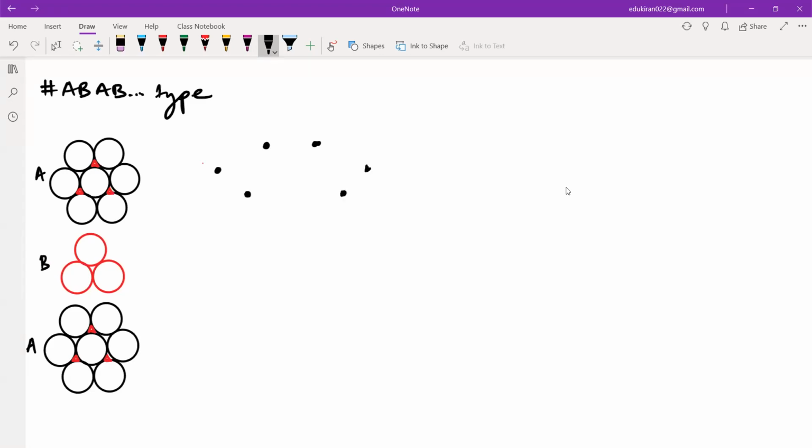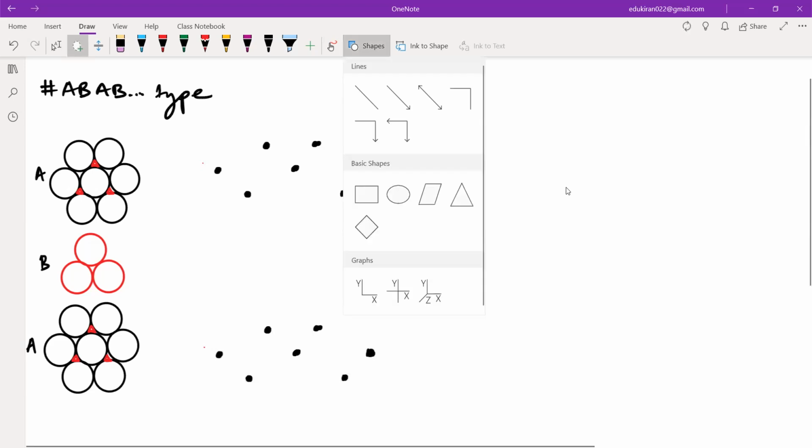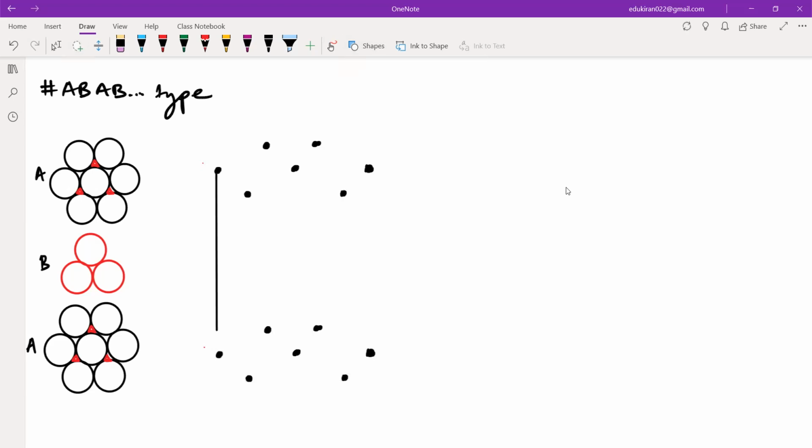Then we have an atom here. In the middle also we have an atom. So this is the upper A layer. Similarly, I have the same type of layer below also. This is again the A layer. And between these two layers, I will have the 3 red atoms that I will make later. So let me join these lines.